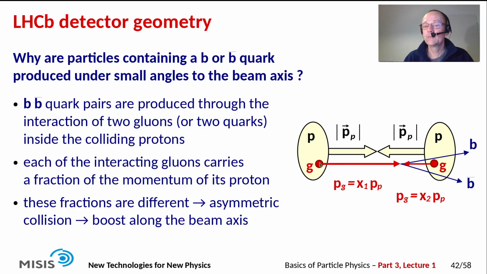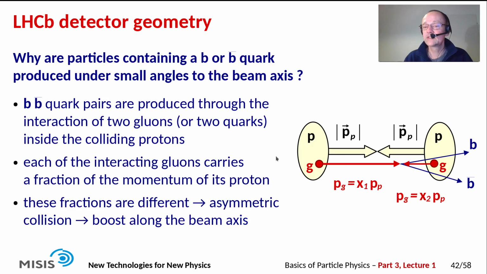And you may remember that these gluons inside the proton carry only a small fraction of the momentum of the proton. Now it is very likely that one of the two gluons that collide with each other carries a larger fraction of the momentum of its proton than the other.